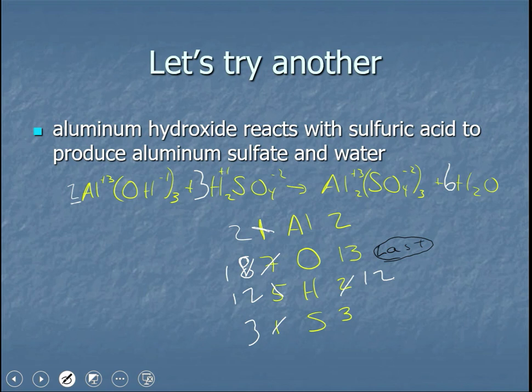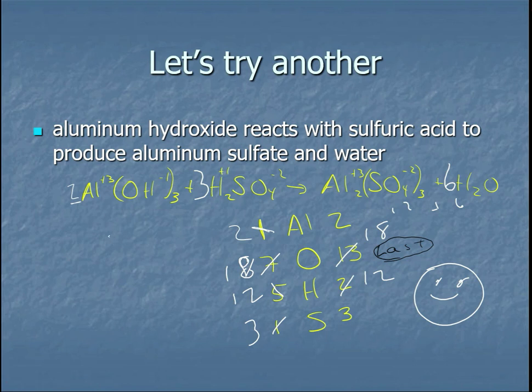I have 3 times 4 for 12 here, plus 6. So I actually have 18. And guess what? I'm now balanced. This equation is balanced with the coefficients of 2, 3, 1, and 6.